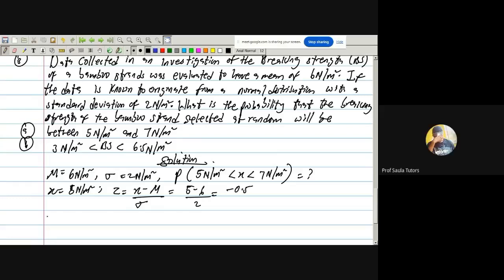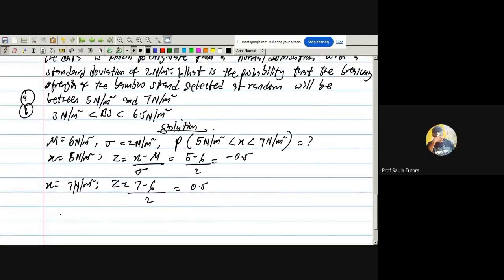For x equal to 7 Newton per meter square, z equals 7 minus 6 over 2, which is 0.5.